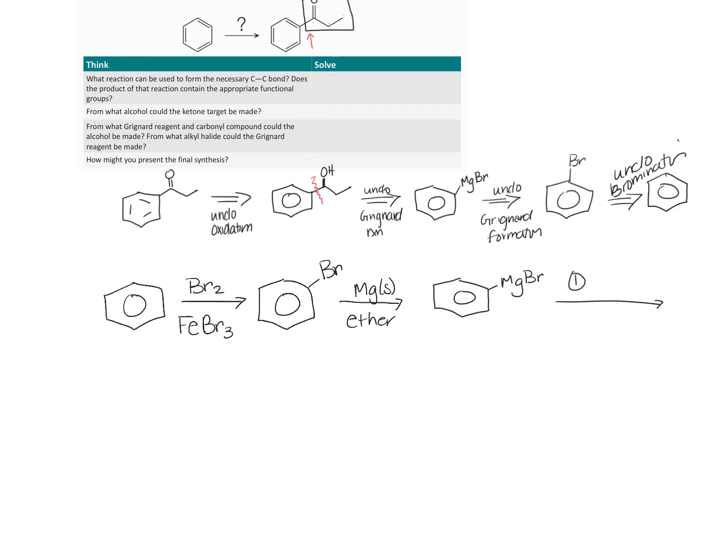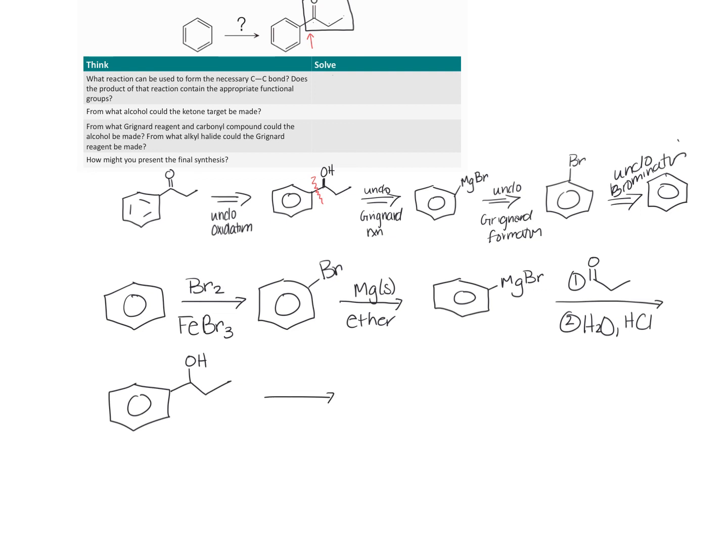Then to form the alcohol, we're going to add the, sorry, I said ketone and I meant aldehyde, to form the alcohol. And add that and then the water. And that will give us this alcohol.